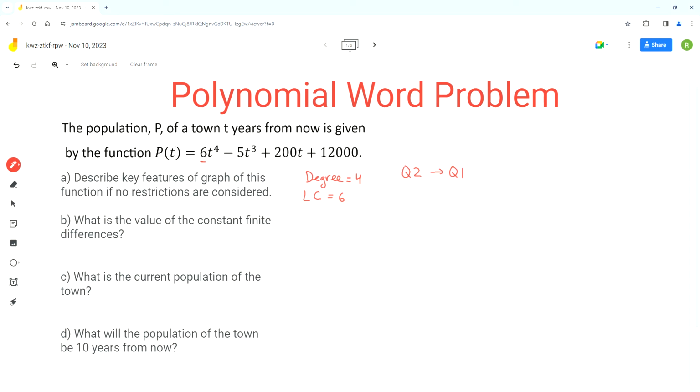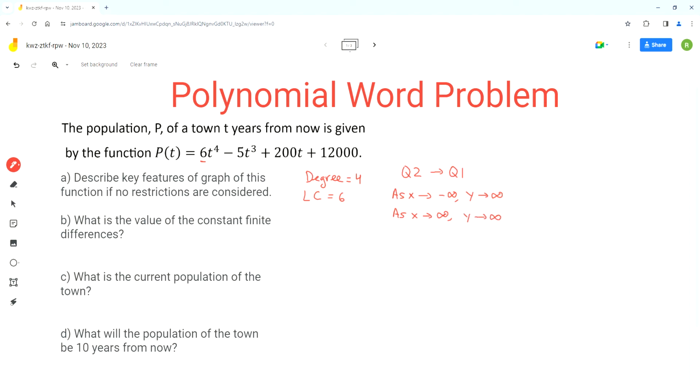Now if we want to describe the end behavior in terms of x and y values, we can describe that as x approaches negative infinity, y approaches positive infinity. And as x approaches positive infinity, y approaches positive infinity.